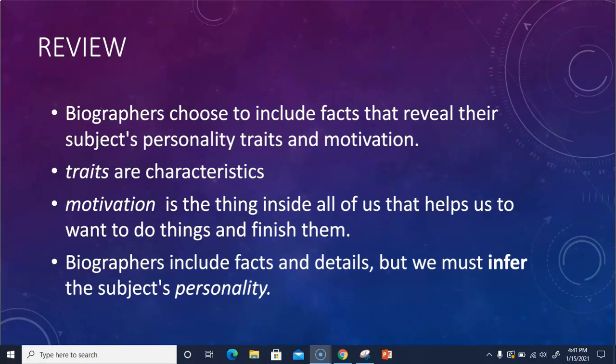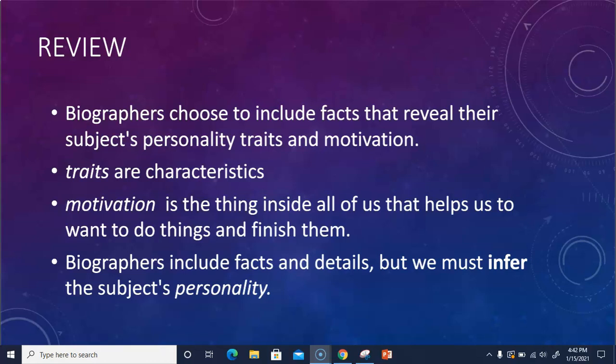Let's move on to a review. Biographers choose to include facts that reveal their subject's personality, traits, and motivations. Traits are characteristics. Motivation is the thing inside all of us that helps us to want to do things and finish them. We saw that Jackson Pollock's motivation sometimes was the nature around him.